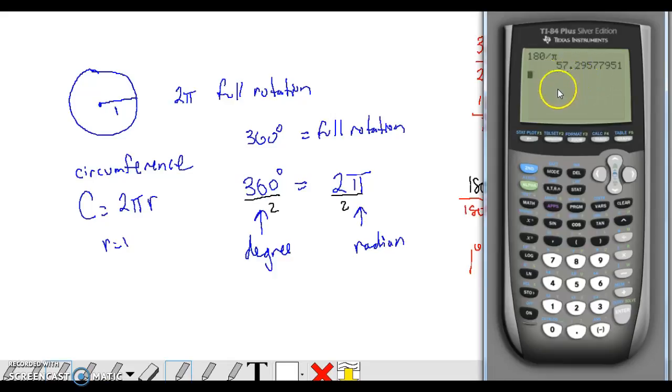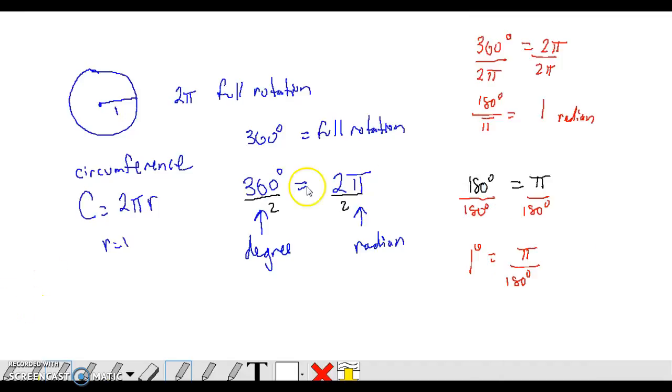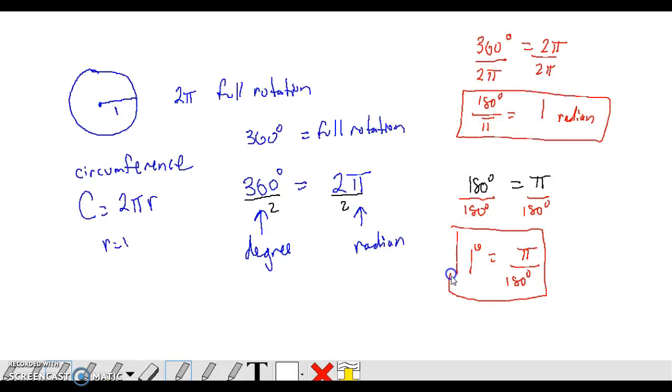Okay, good to know. We don't really need to necessarily remember all of that specific stuff. But what we do want to do is use this information right here and this information right here to help us convert back and forth between radians and degrees.